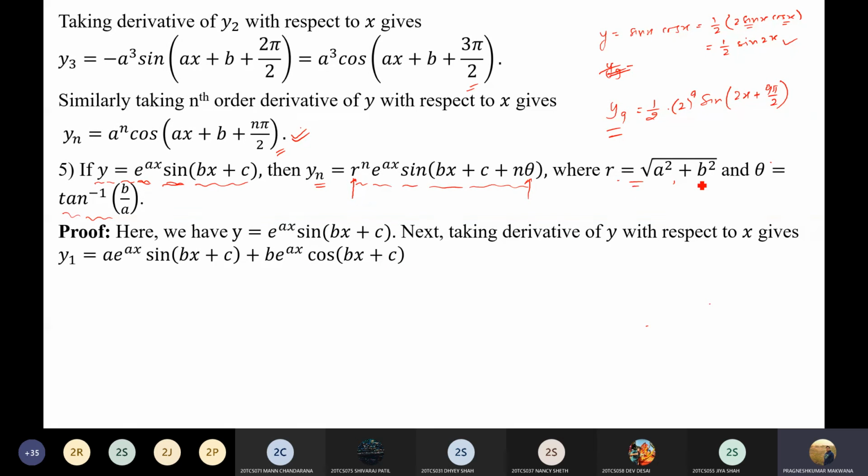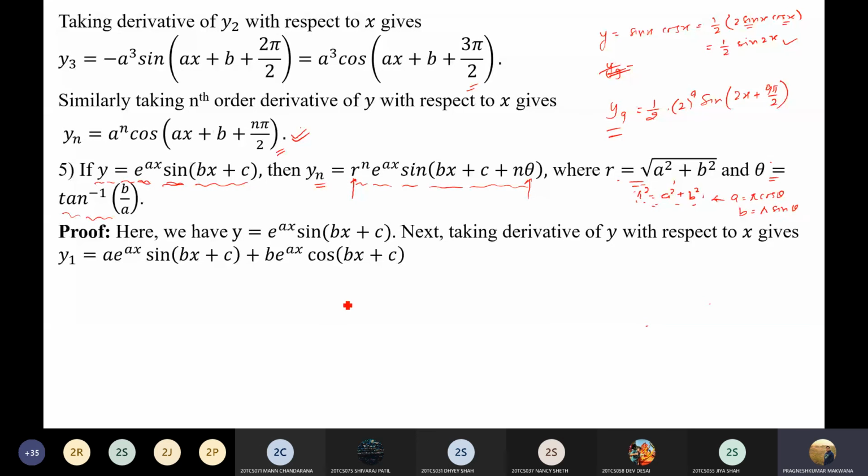Now by using this condition, you can see that r square is equal to a square plus b square. So this is the equation of a circle with center 0, 0 and radius r. So here we can take directly a is equal to r cos theta and b is equal to r sin theta.